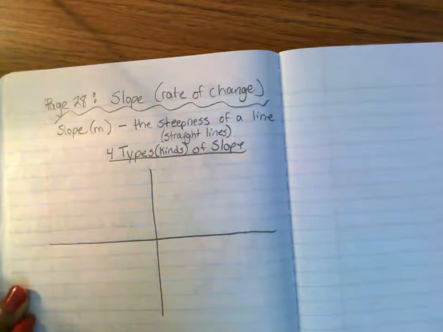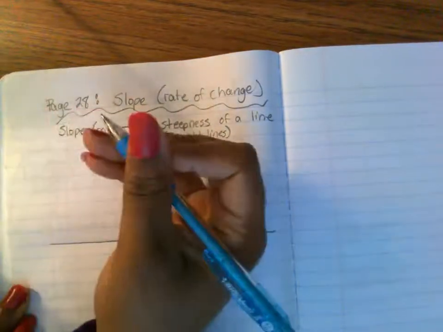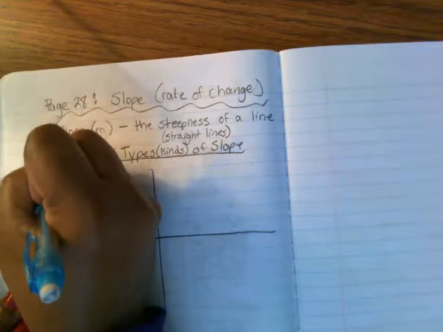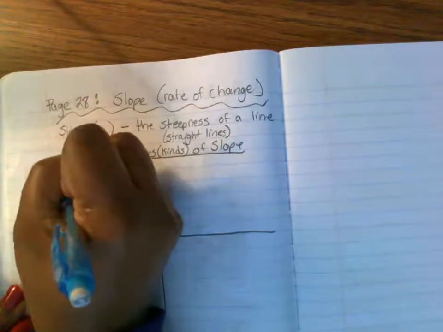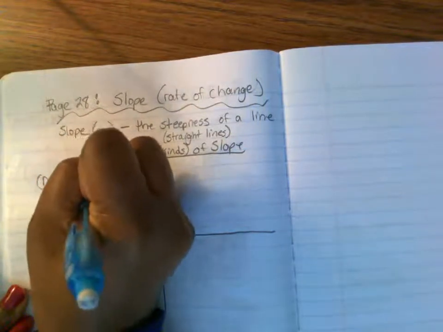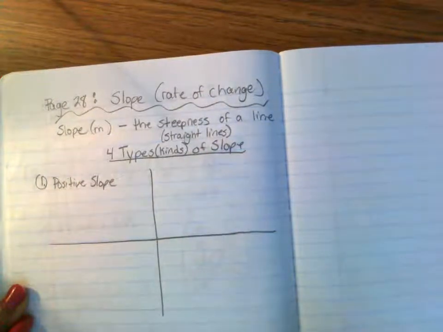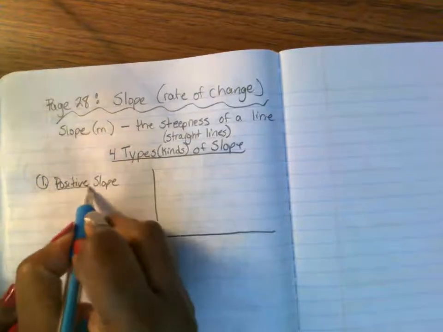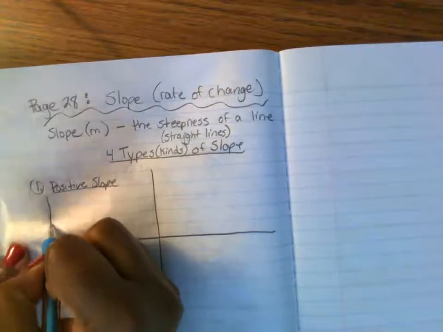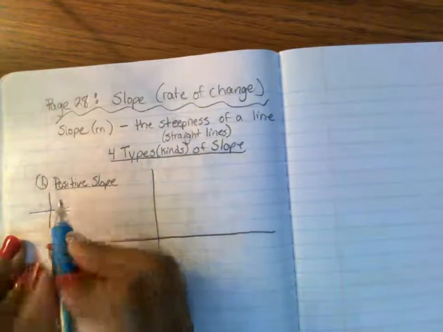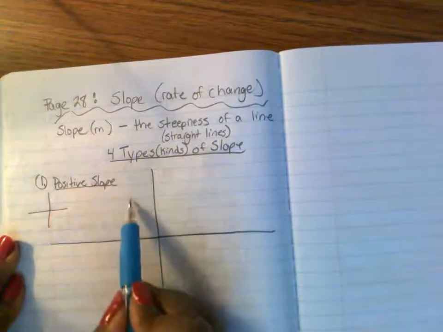The first kind of slope is called a positive slope. Number 1 is a positive slope. Ms. Reyes, what does a positive slope look like? Great question. A positive slope, of course, is a straight line. I'm going to draw a little graph out to the side.